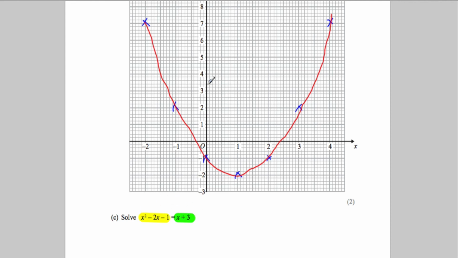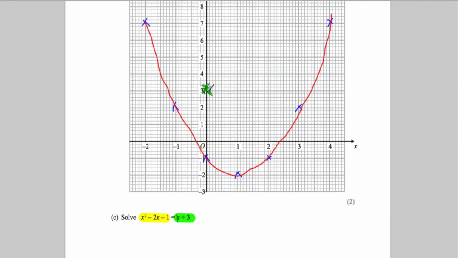Where do they cross? So I'm going to mark, I know where x plus 3 is going to be. It's going to pass through the y-axis when y is 3, and it's got a gradient of 1. There's actually a 1 in front of that x, so that means the gradient is 1.